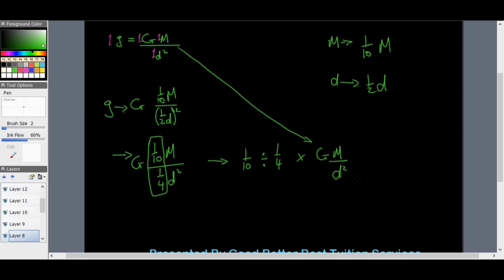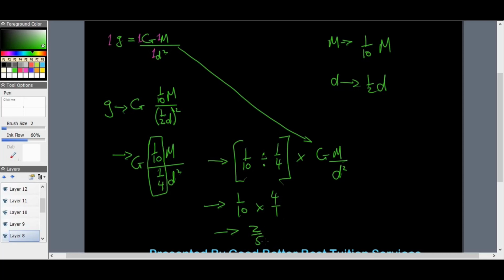So I block this out because now I only need this to determine by what factor. Therefore, that's 1/10 divided by 1/4, which flips into 1 over 10 times 4 over 1, which gives me a final answer of 2.5. Okay, 2.5. 2 divided by 5, or 2/5.